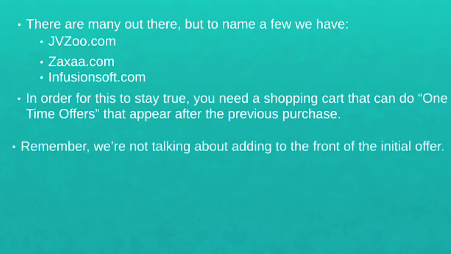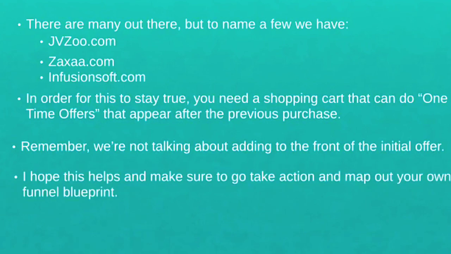We're not talking about one-time offers that are added to the front-end initial offer. So make sure you do your due diligence and confirm that the cart is compatible with this type, because some shopping carts will say that, but in reality it's a very different kind of one-time offer. That way it helps you differentiate between the two.